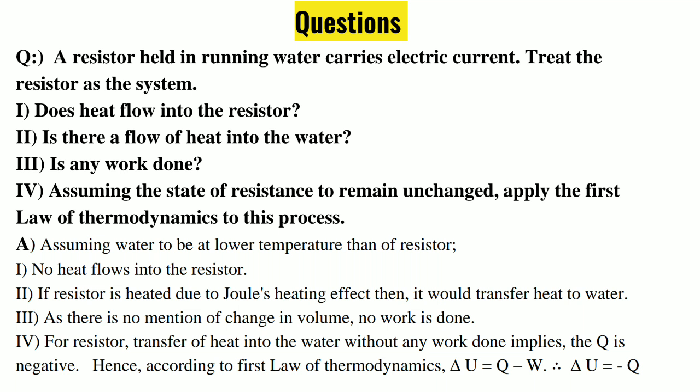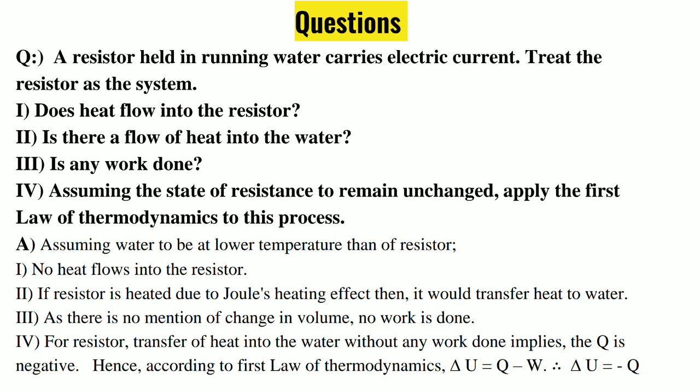If the resistor is heated due to Joule's effect, then it would transfer heat to the water. If we are heating a resistor, then according to Joule's effect, it will transfer heat to the water. As there is no mention of change in volume, the resistor's volume remains the same.